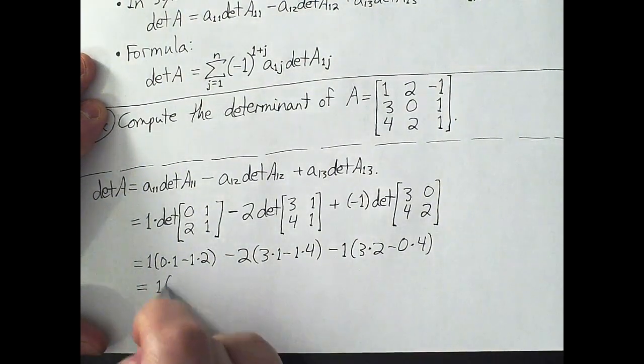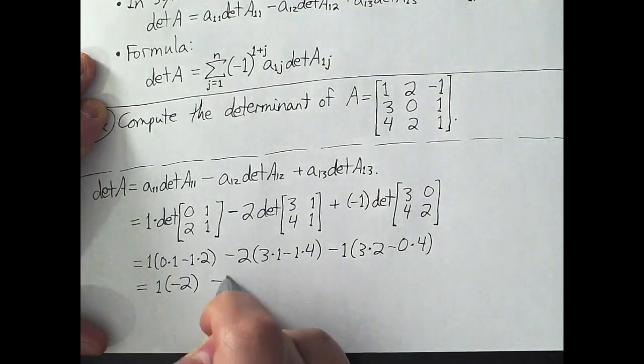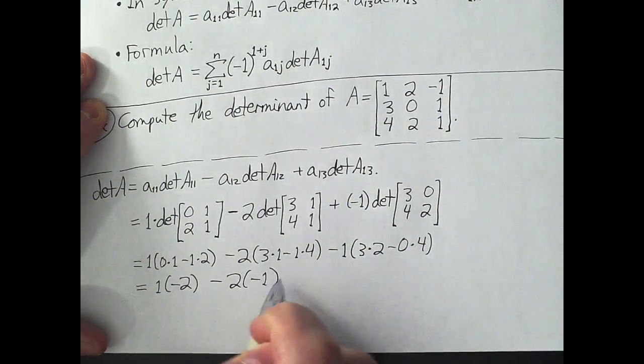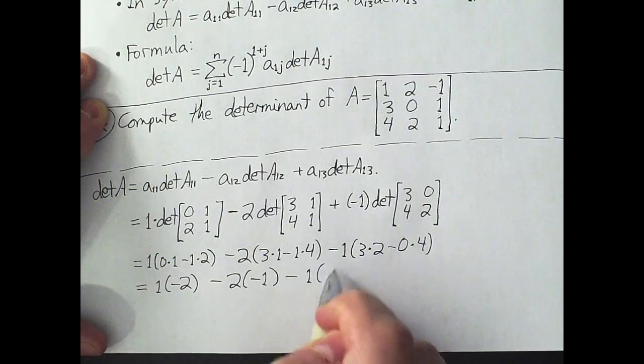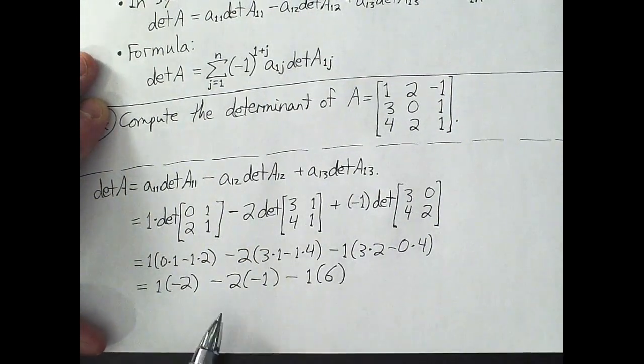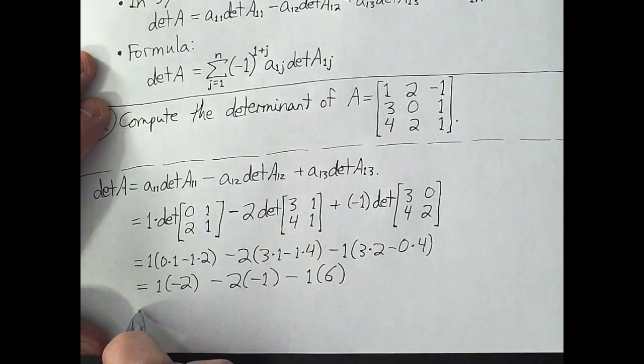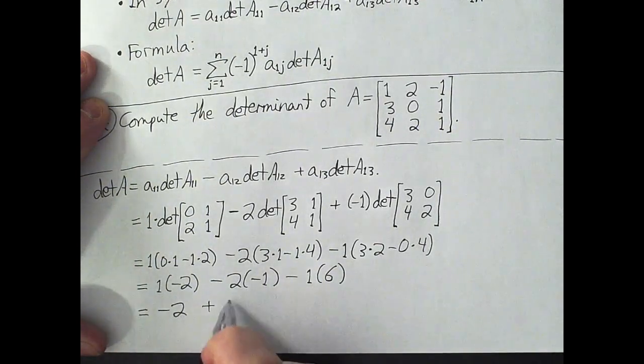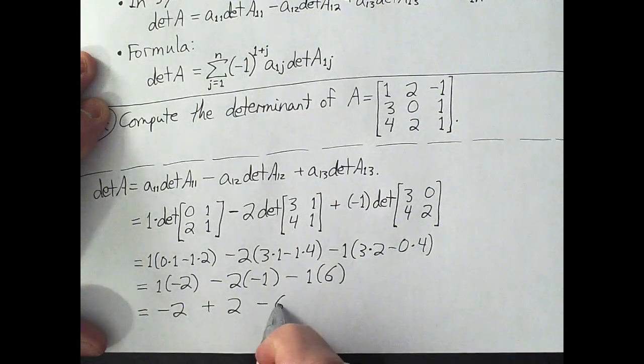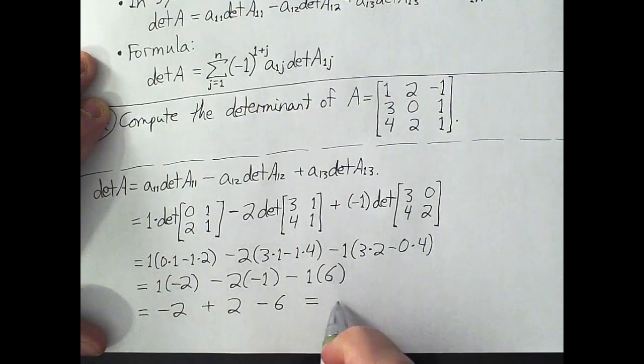We have 1 times -2 minus 2 times -1 minus 1 times 6. This is -2 plus 2 minus 6. Final answer, -6.